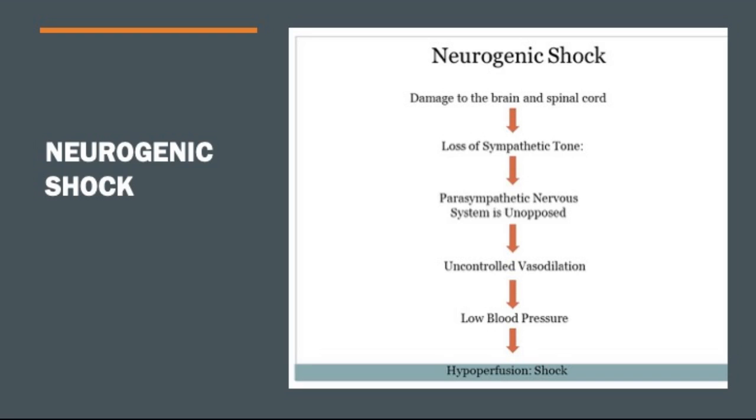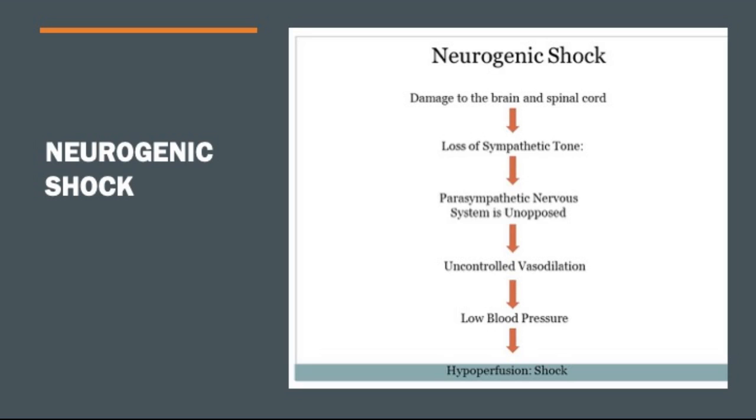Now, shifting gears over to neurogenic shock, what you basically have is damage to the brain or to a high spinal cord, and you'll lose your sympathetic tone. Your sympathetic tone is your fight or flight, and that regulates vessel constriction. So without that vessel constriction, you have the parasympathetic system, which is your rest and digest, causing massive vasodilatation.